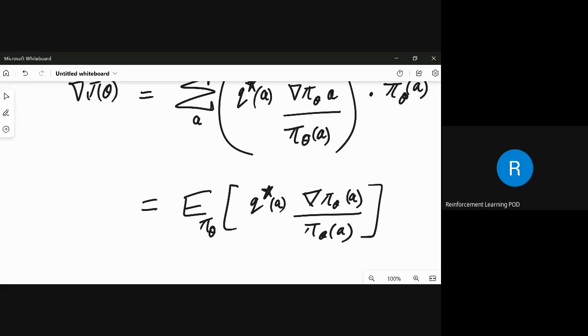Does it make sense? Yes. Is it something like importance sampling? Absolutely right. It's very much like importance sampling.